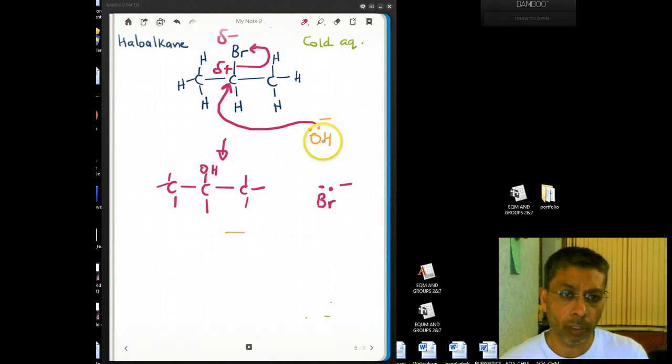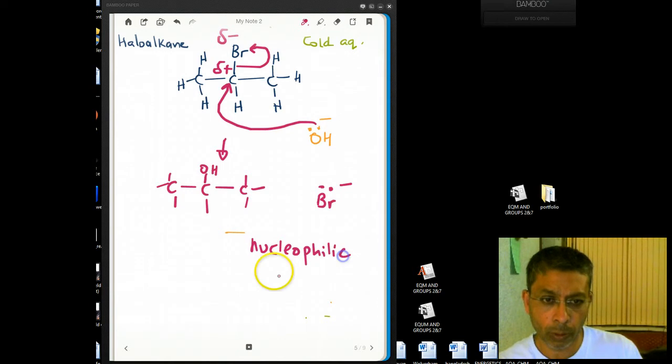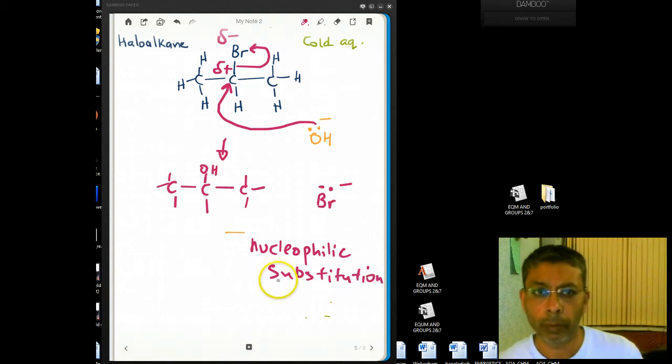Also, the hydroxide is positive loving, so it's a nucleophile, and so we call this mechanism nucleophilic substitution. Okay, let's make a note of that. Nucleophilic substitution. There we are.